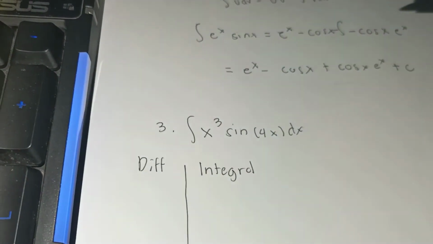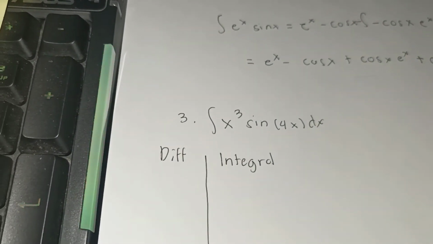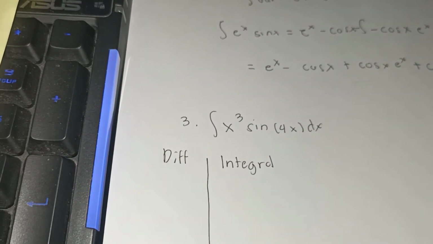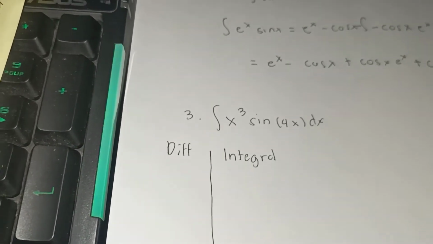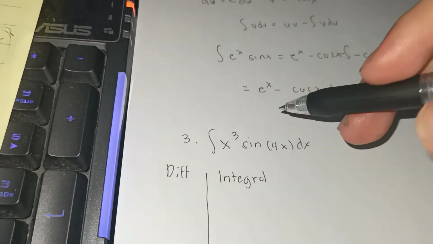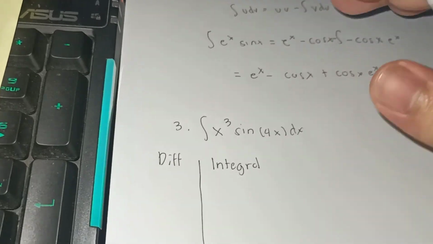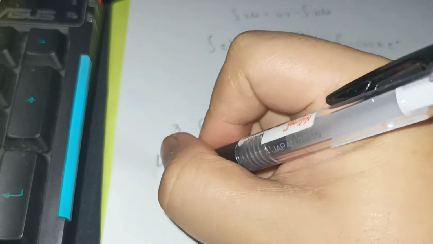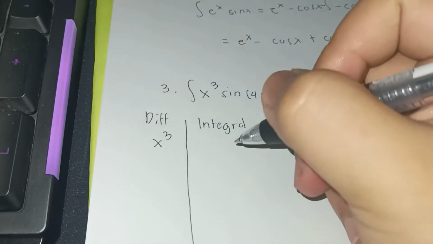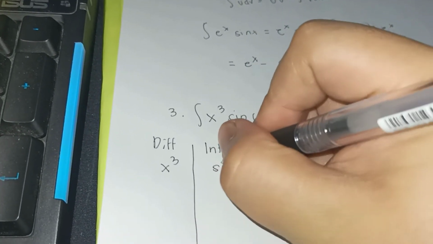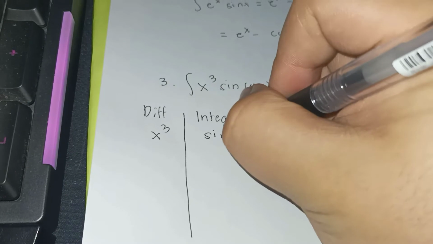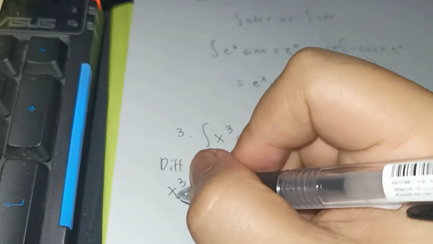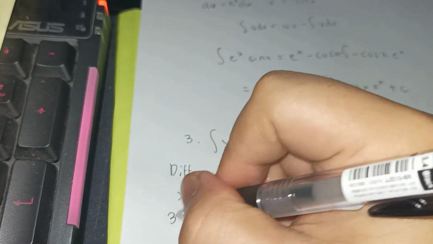This is the DI method that Sir taught us. Shout out to Sir Lagos. Okay, x cubed. This is how we do it; I just follow this formula. X cubed, and then sine 4x. After that, take the derivative, 3x squared.